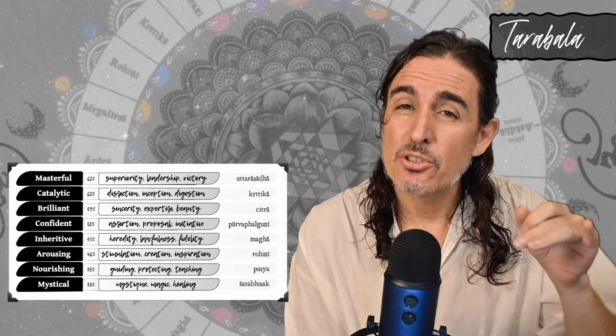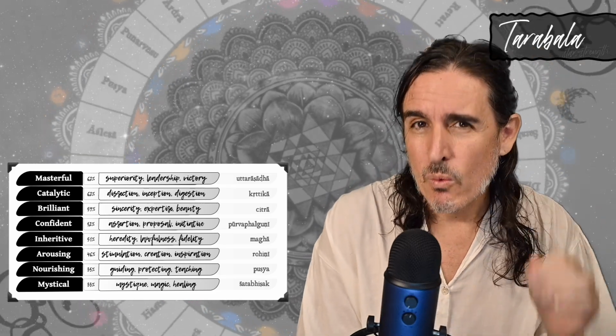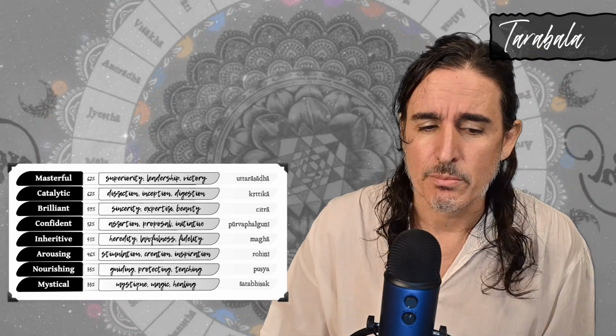Now remember, what a Tarabala strength really shows is how well something synergizes and coordinates your other assets and strengths. So you should read this list, your version of it, with that in mind. Uttarashada, for example, has the best Tarabala in my chart. And Uttarashada is all about mastery, superiority, leadership, victory.